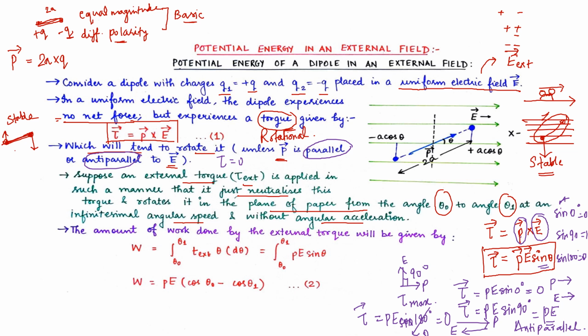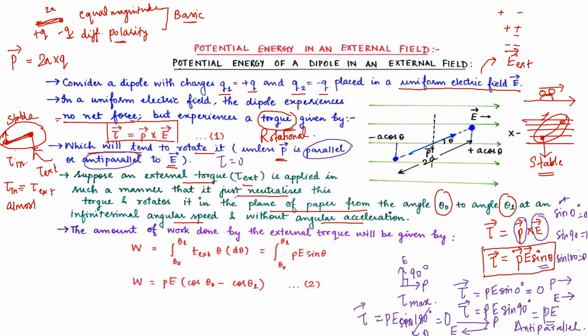What we aim to do at this point is that this configuration has some internal torque due to its own dipole moment, and from external sources we are providing tau external. This tau internal is almost equal to tau external. Please note it is almost, not exactly.